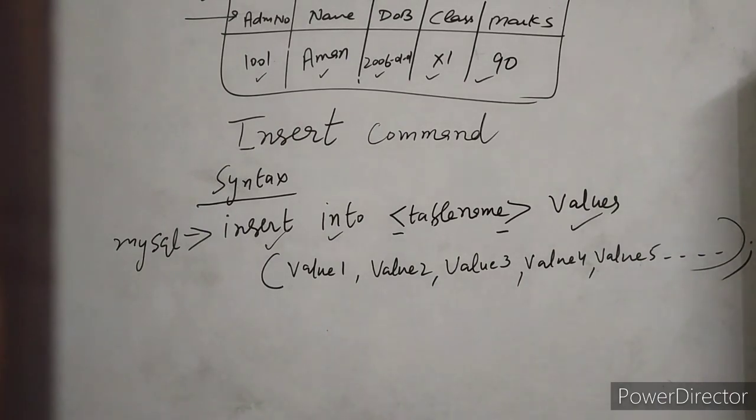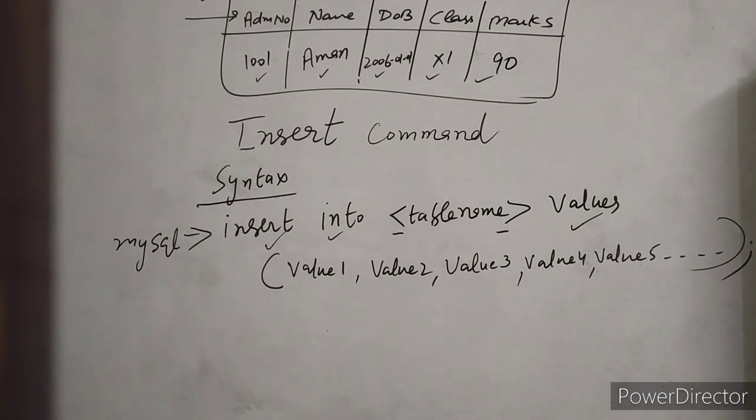How many values do you have to pass in the insert query? As many as there are columns in my table. Clear? In my table right now, how many columns? 5 columns. Then I will write 5 values, close the bracket, semicolon. If I have 10 columns in my table, then you put 10 values, close the bracket, semicolon.